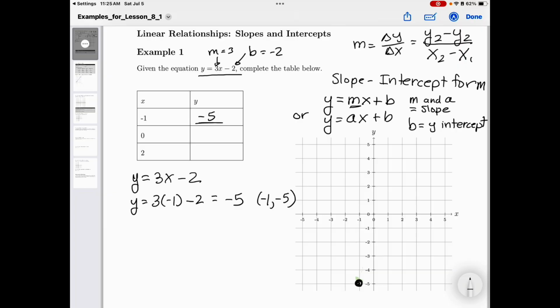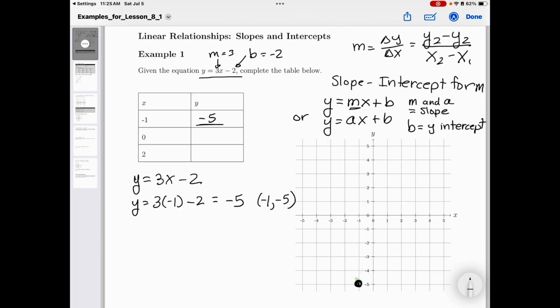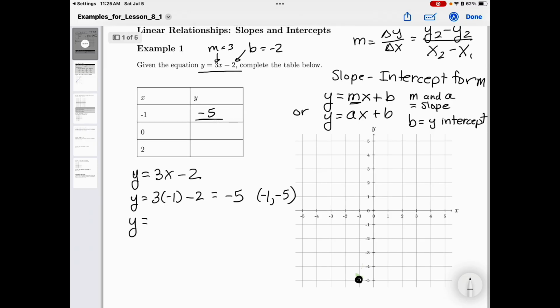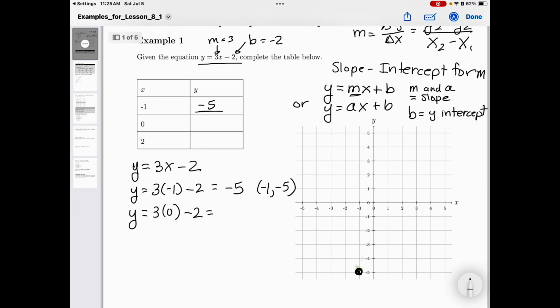Okay, now for the next point, we have that x is 0. So where I see x in the equation, I'm going to plug in 0. So I have y is equal to 3 times 0 minus 2. So when I take 3 times 0, that's 0, and then I subtract 2, and I get a -2.